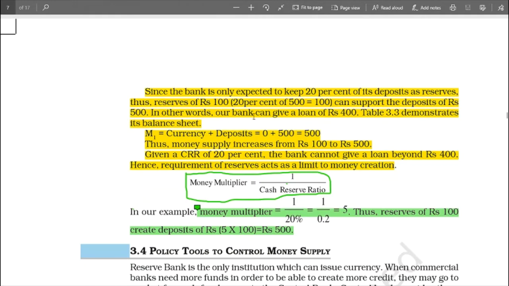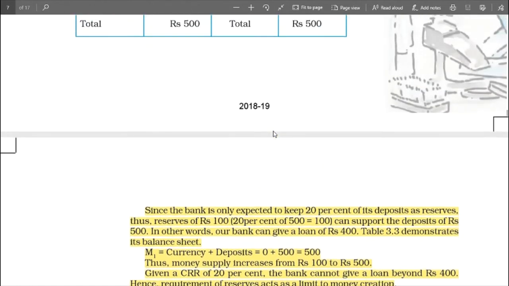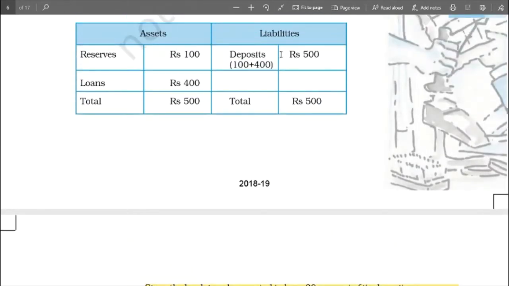In other words, our bank can give a loan of 400. 100 primary deposit, loan 400, meaning subsequent deposits 400. So the total deposit becomes 500. That is clearly explained and given in that table.